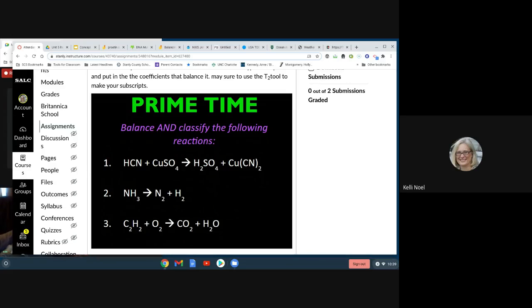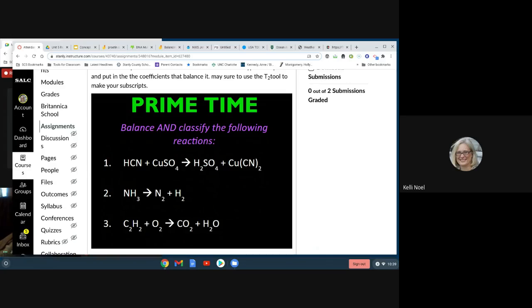Number 2, we have just N and H. So I'm going to balance it. On the left, there's one N, 3 H's. On the right, 2 N's and 2 H's. I'm going to start with my N's first. If I put a 2 in front of the NH, that means my N's are 2 and my H's are 6.